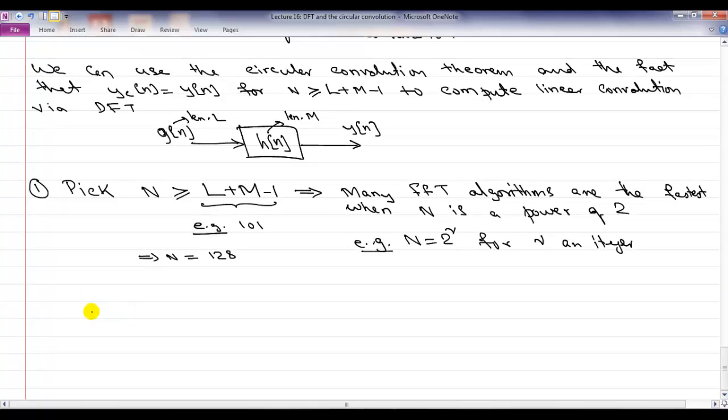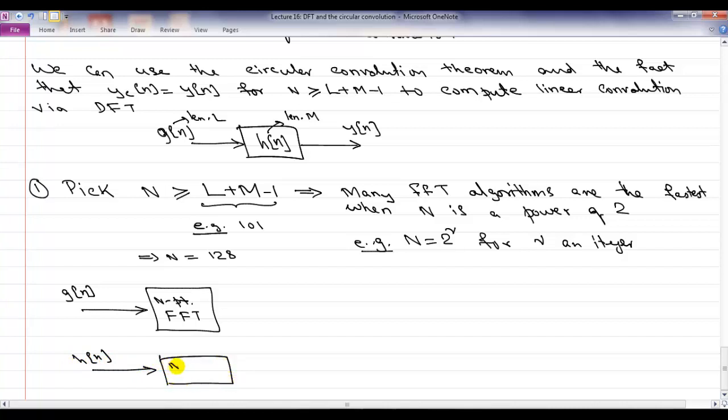So once that is done, we simply apply our DFT and circular convolution relationship. We get g[n]. We compute its N-point DFT, where n satisfies the condition, using FFT. And then we do the same for our system h[n], the system impulse response.